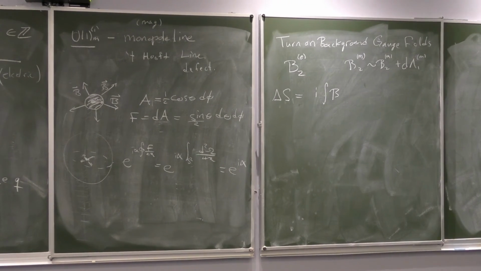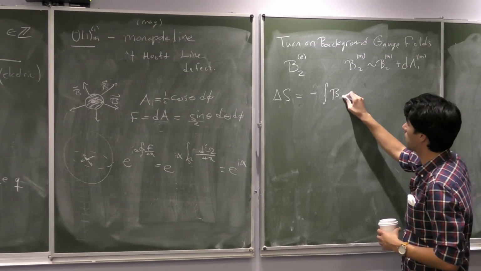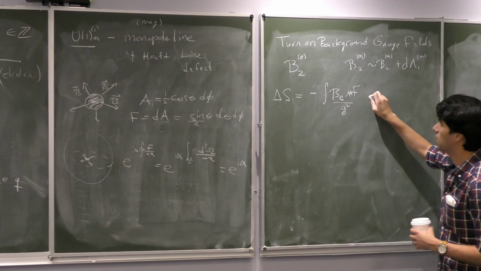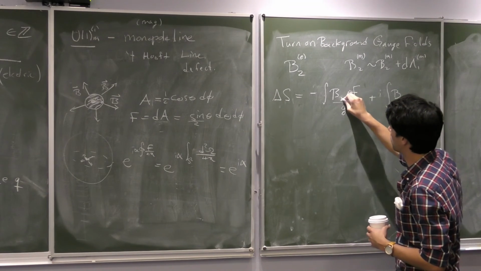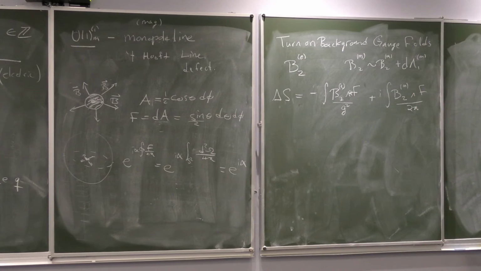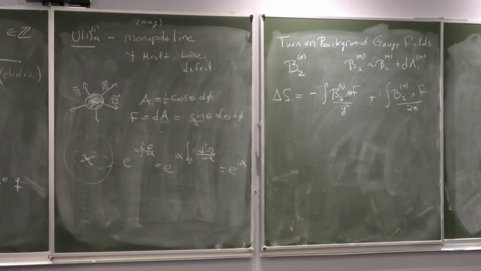The reason is that the electric field is the momentum operator for the gauge field, so you have to add an i because you're in Euclidean signature. So there's going to be a minus sign, star F over g squared. And then here you add i, B2 of M wedge F over 2 pi. So again, you find that this combines with this term.